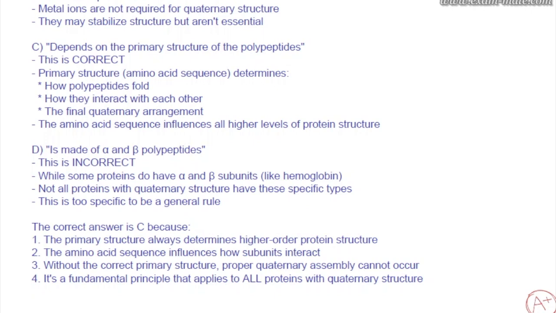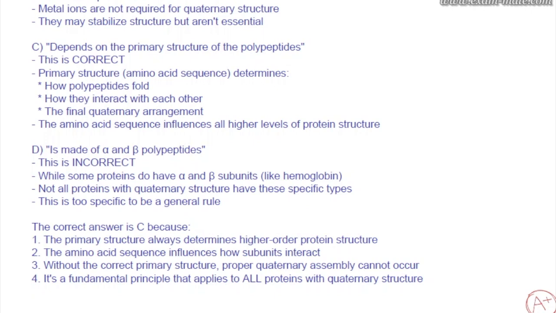The amino acid sequence influences all higher levels of protein structure. D. Is made of alpha and beta polypeptides. This is incorrect. While some proteins do have alpha and beta subunits, like hemoglobin, not all proteins with quaternary structure have these specific types. This is too specific to be a general rule.